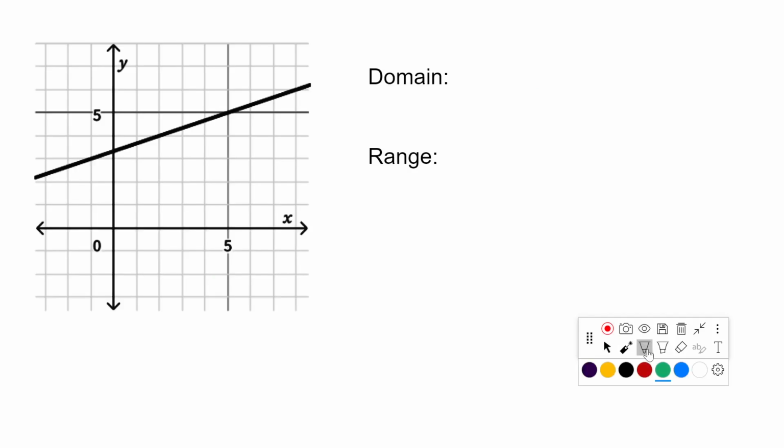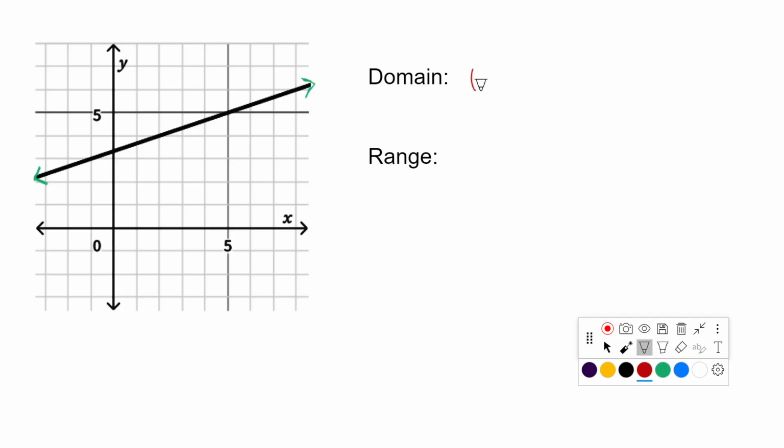Our next graph is a line. Again, I don't see any distinct points at the end that indicate it's going to stop, so I'm going to assume it continues. My domain, the set of x values, continues in both the positive and negative direction of my x-axis.